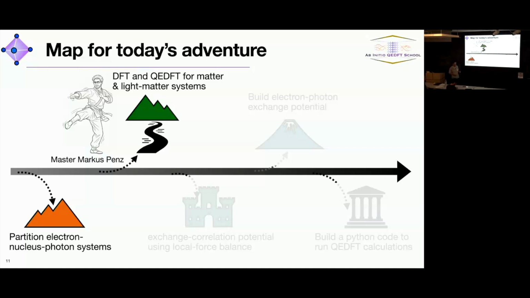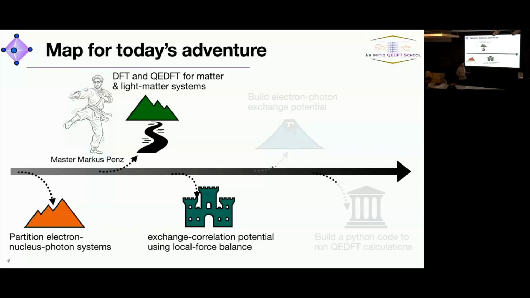After that, because in DFT the challenging thing is to find a functional, we are going to use a method called the local force balance equation to find the functional, like the exchange correlation potential.